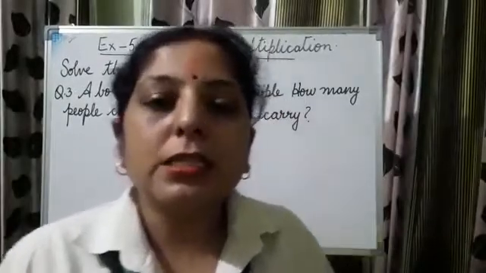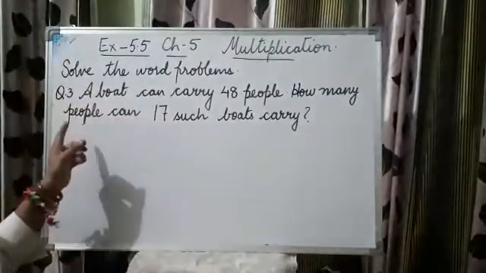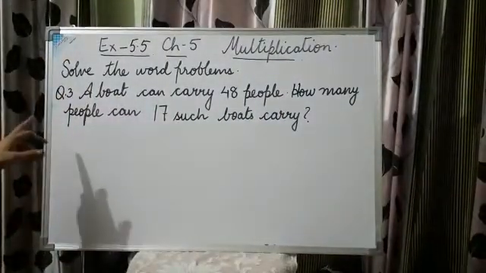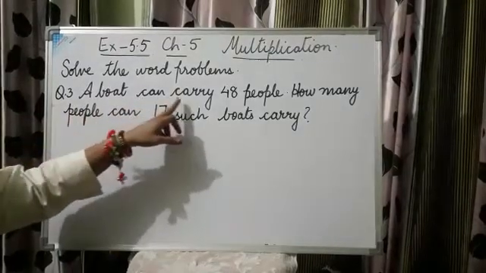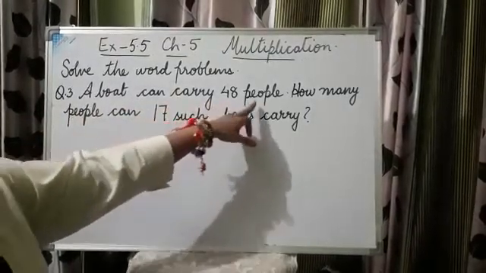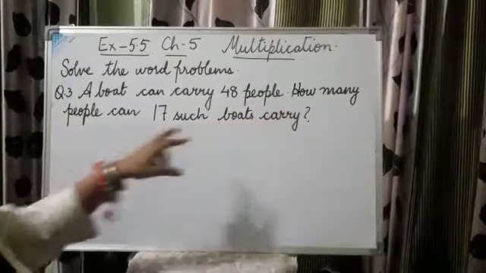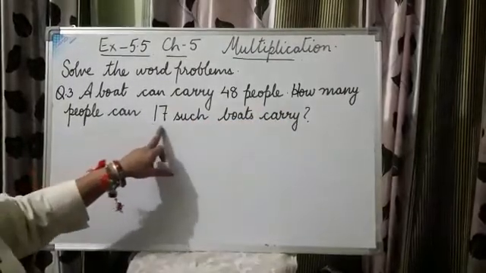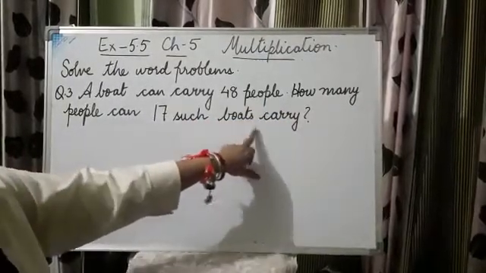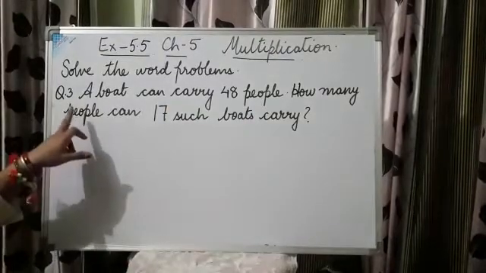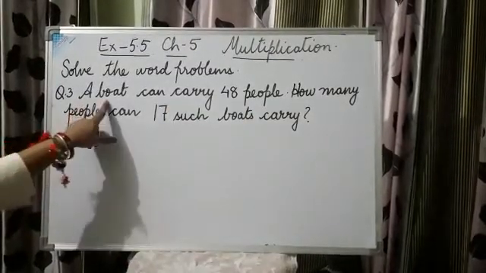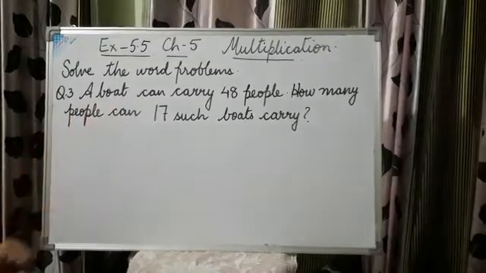Students, in this exercise, we are going to do question number 3, which says, a boat can carry 48 people. How many people can 17 such boats carry? Here, they are telling a single boat. A boat means one boat.